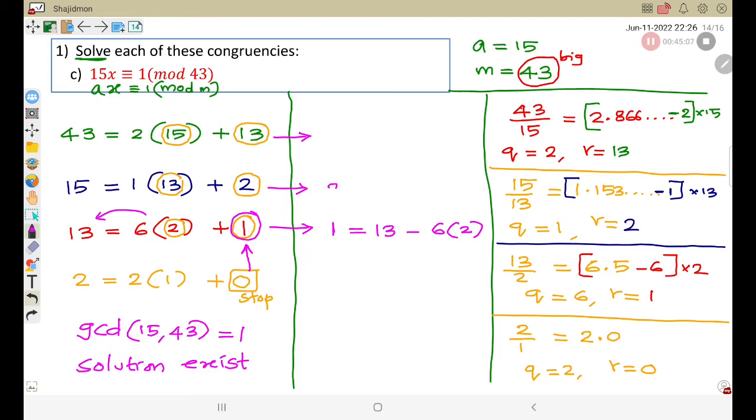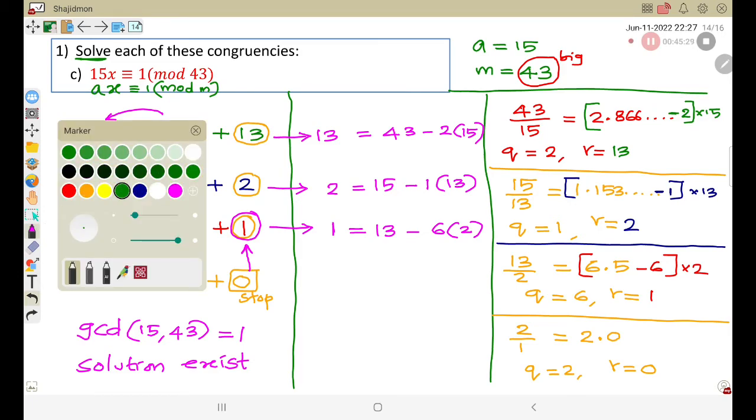From here, 2 equals 15 minus 1 multiplied by 13, correct? Taking 1 multiplied by 13 to the other side. And here, 13 equals 43 minus 2 multiplied by 15.